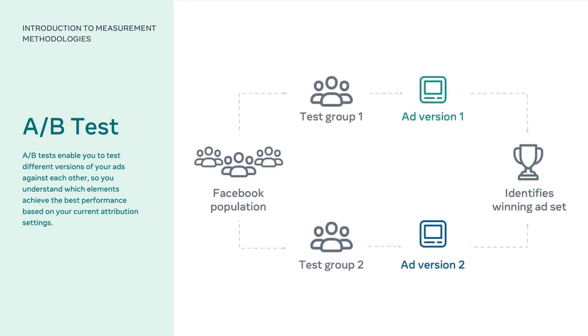Let's review quickly how this works. A/B tests divide your audience into random, non-overlapping groups, test group 1 and test group 2 in this case. Each group sees ads that are identical in pretty much every aspect except for one distinct difference or variable. The results of the test identify which is the winning ad set and which variable performed better.